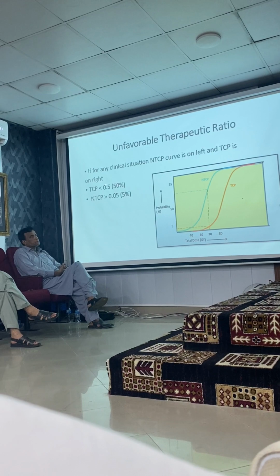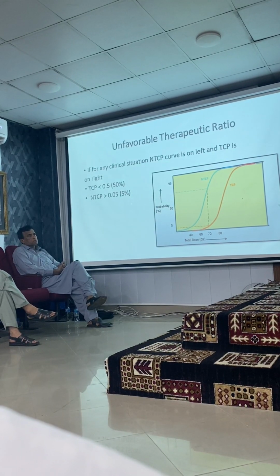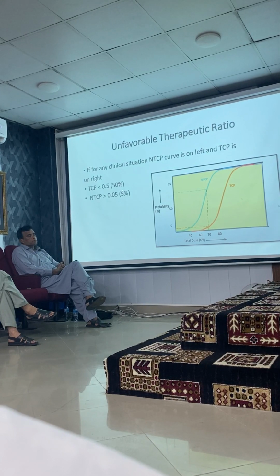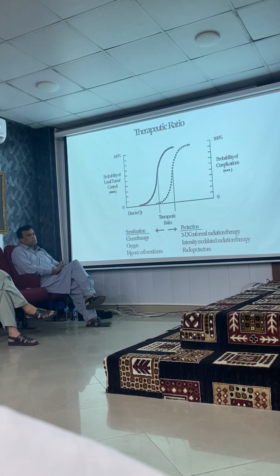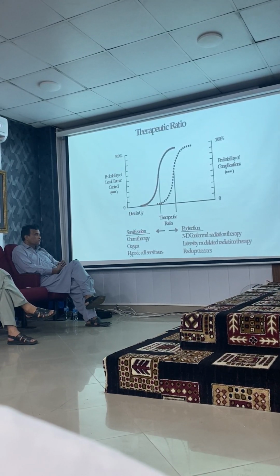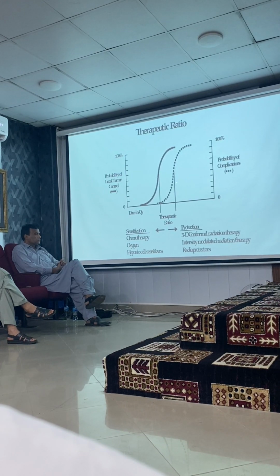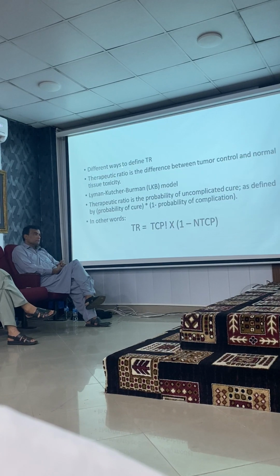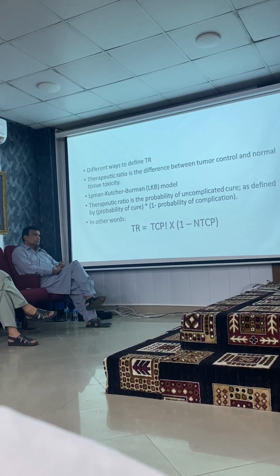While if obviously there is less than 50% chance of tumor control probability and more than 5% chance of normal tissue complication probability, we obviously will not accept the plan. This is another representation of these things. There are different ways to define the therapeutic ratio.